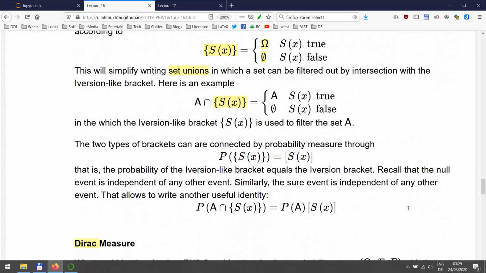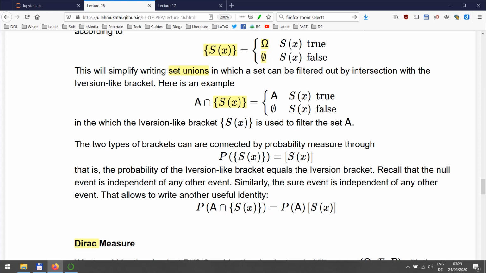There is an interesting analogy, because we know true has a mapping with the sample space and false has a mapping with the empty set. The probability now connects these two brackets.